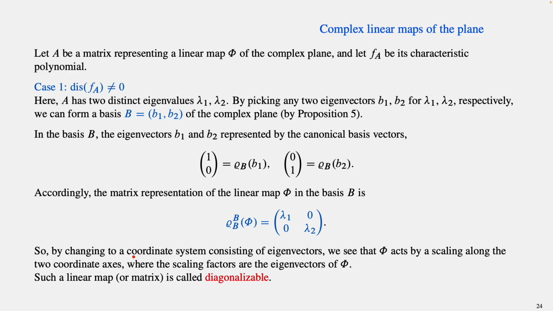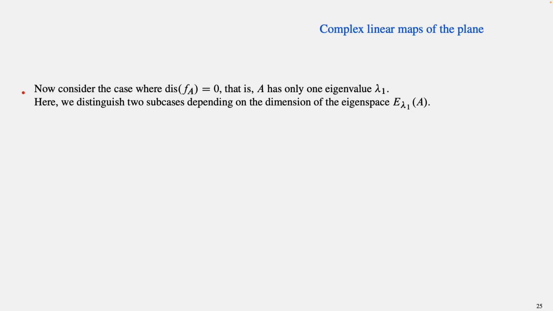So by changing to this coordinate system that consists of eigenvectors, we get a very simple form of this linear map phi, and we see that it acts by scaling along the two coordinate axes. Coordinate axes being given by the two eigenspaces generated by b1 and b2. And the scaling factors are just the eigenvalues of the linear map phi. And such a linear map that by an appropriate change of basis can be turned into a diagonal matrix is called diagonalizable. That was the first case for complex linear maps.